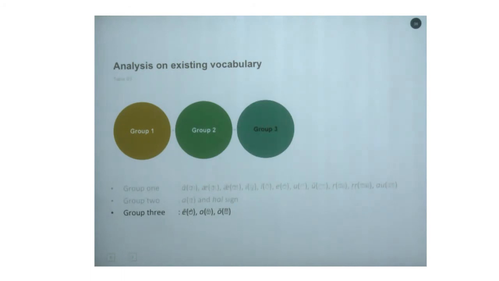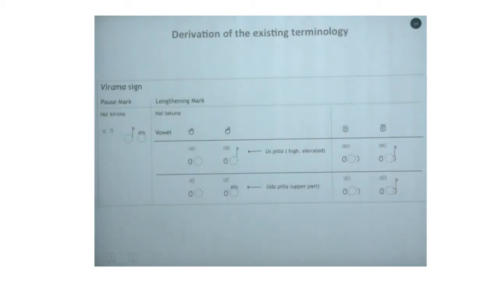And then finally, the third category, which is the A, O, and O sign, which also uses the hull sign. But here, the virama sign takes two shapes, as a pause sign and as a lengthening mark. So again, the second expert starts giving another term to define. What has actually happened is they're giving terms and terms, several terms for each part, and so we have no idea where to stop or how to conclude.